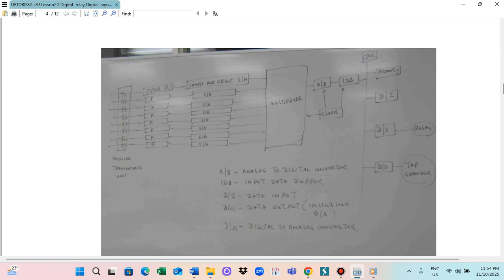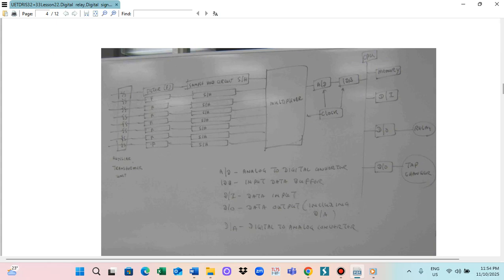Now I will draw this centralized system. Firstly, we have the transducer unit. For example, we consider the 8-bit relay system here. So this is the 8 lines.